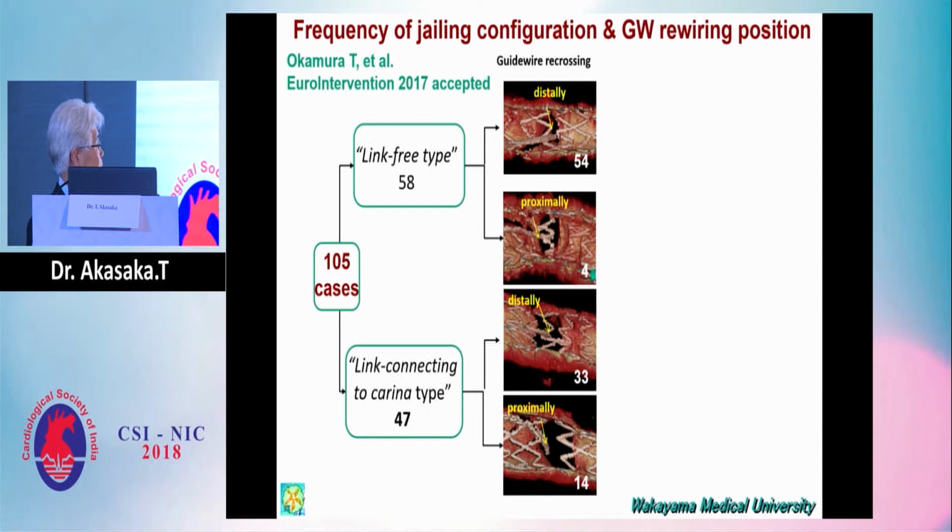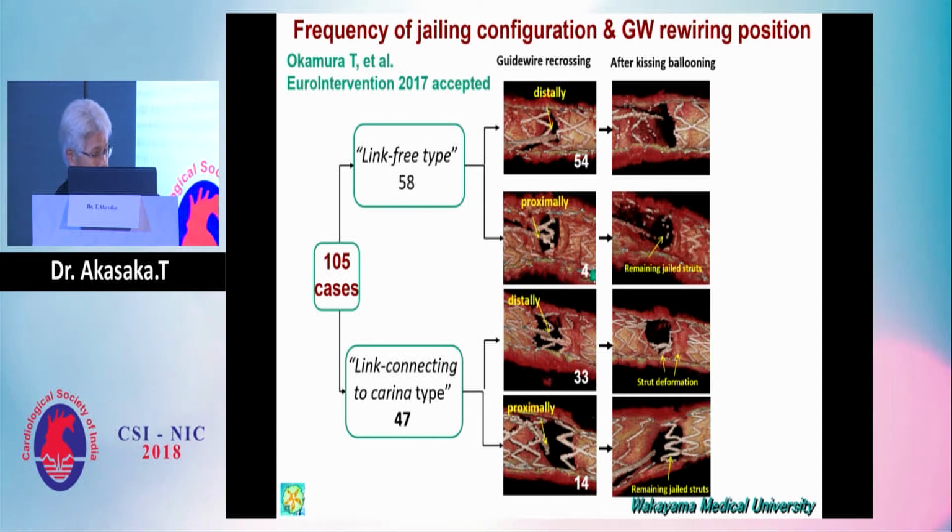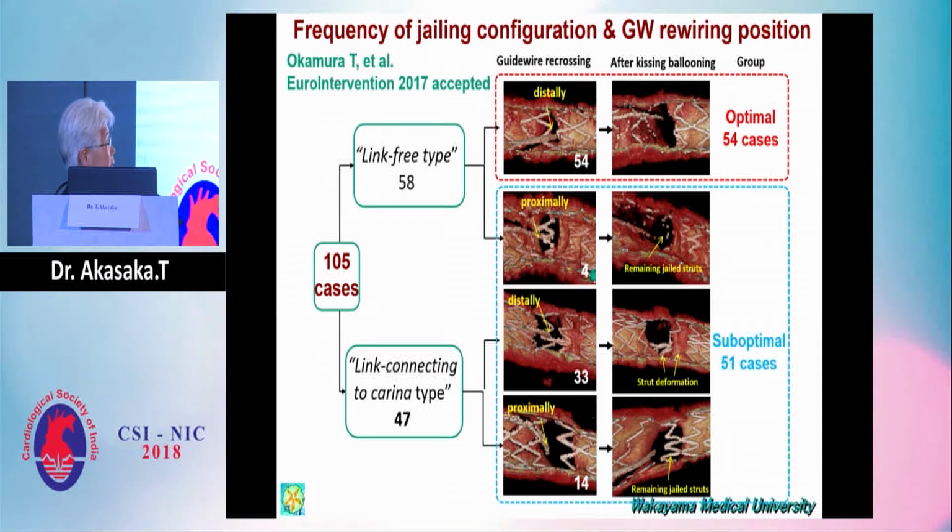So link-free type and link-connecting type are nearly half and half. And even in the link-free type, you succeed in getting an optimal result in only 54 cases in this registry, and the suboptimal result is 51. And we did not demonstrate any clinical difference.